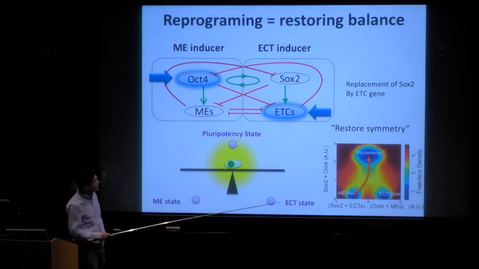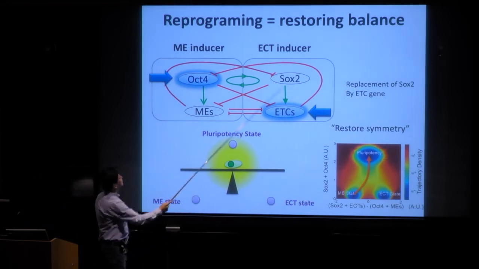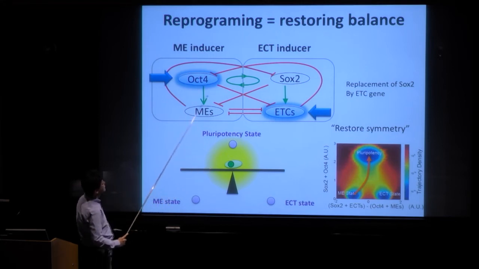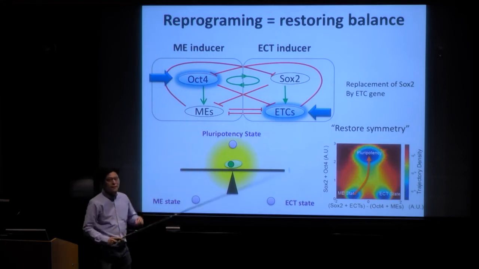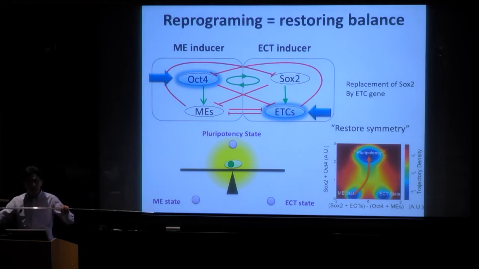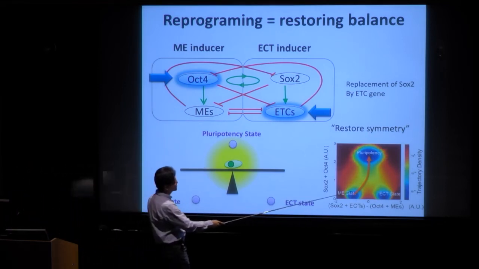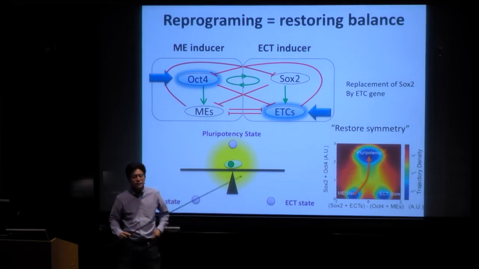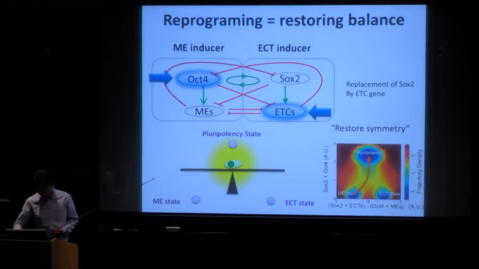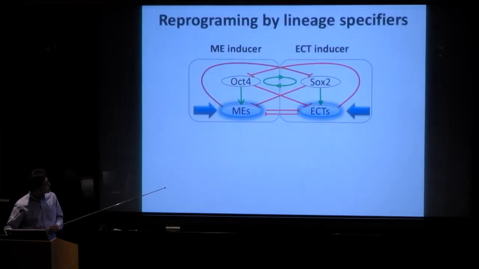If you start from here, you express any genes from the branch as long as they are balanced. Balanced meaning that you should use both. But what are the quantities? That's a more quantitative prediction, which we don't have. But as long as these two branches are balanced, then you have a large chance to go back to this stem cell state. It's in the network. There's no missing path, missing component.